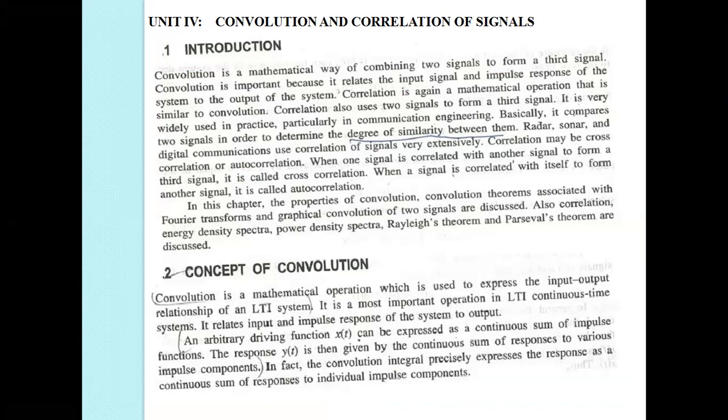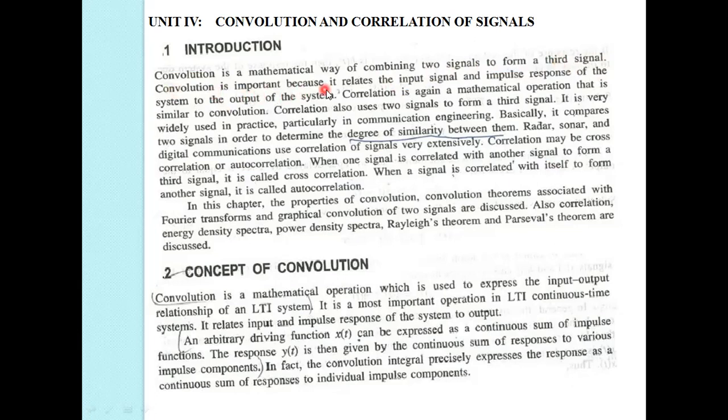Convolution is a mathematical way of combining two signals to form a third signal.